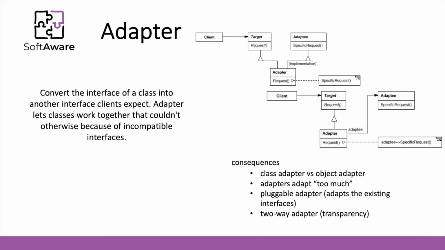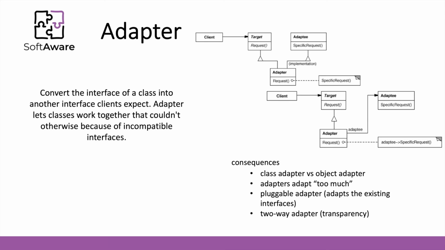Looking at an object adapter, which is quite common in the cases where multiple inheritance isn't possible, it lets a single adapter work with many adaptees. That is, the adaptee itself and all of its subclasses, if any. The adapter can also add functionality to all adaptees at once.